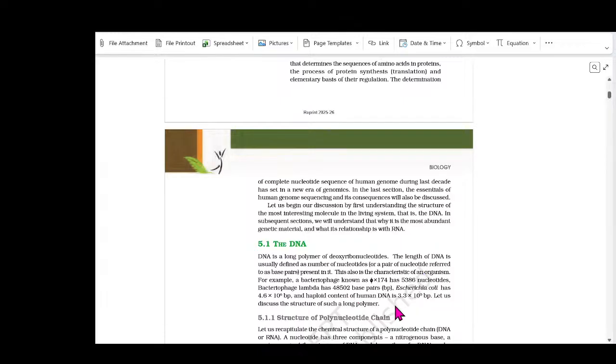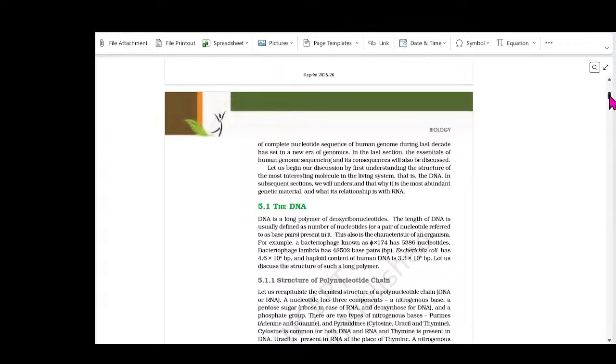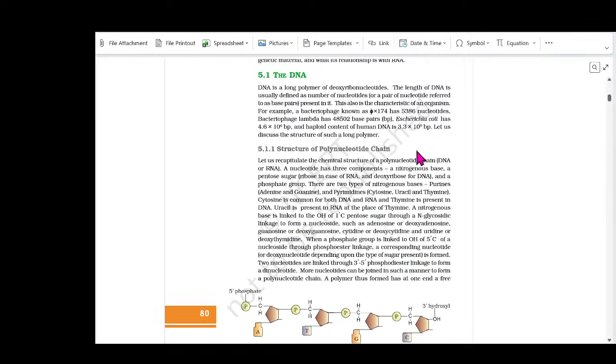Let us discuss the structure of such a long polymer. 5.1.1 Structure of polynucleotide chain. Let us recapitulate the chemical structure of polynucleotide chain, DNA or RNA. A nucleotide has three components: a nitrogenous base, a pentose sugar, ribose in case of RNA and deoxyribose for DNA, and a phosphate group.